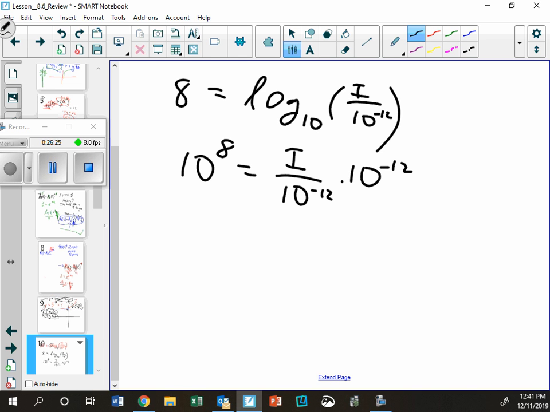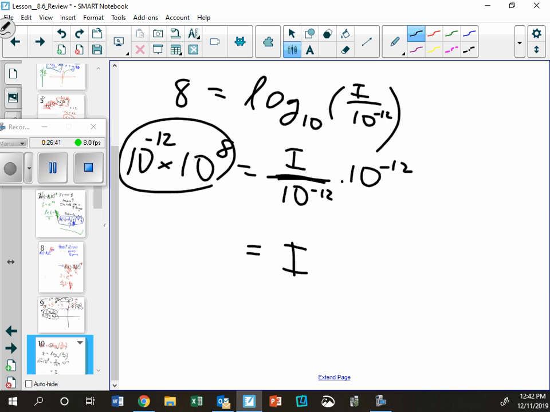But do you get that there's also something that you could do with 10 to the positive 12th? Okay, but let's keep it simple. This is divided by 10 to the negative 12. We'll just times by 10 to the negative 12. Final answer, I would be, what's that? So that's the I, otherwise known as the intensity of the sound.